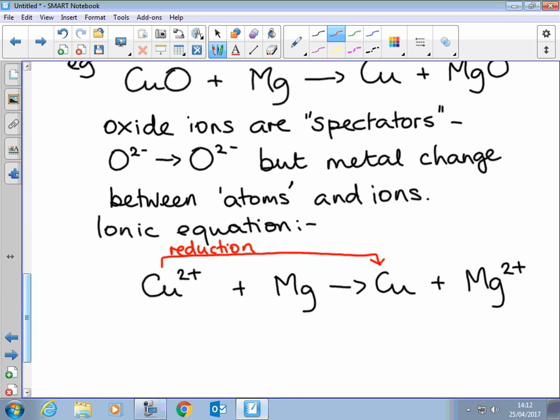So, surprise, surprise, what's being oxidized? Magnesium, yeah. Oh, you're getting the hang of this. Good. So, oxidation is loss. So, it's lost 2 electrons. That leaves it with the 2+ charge on the other side.